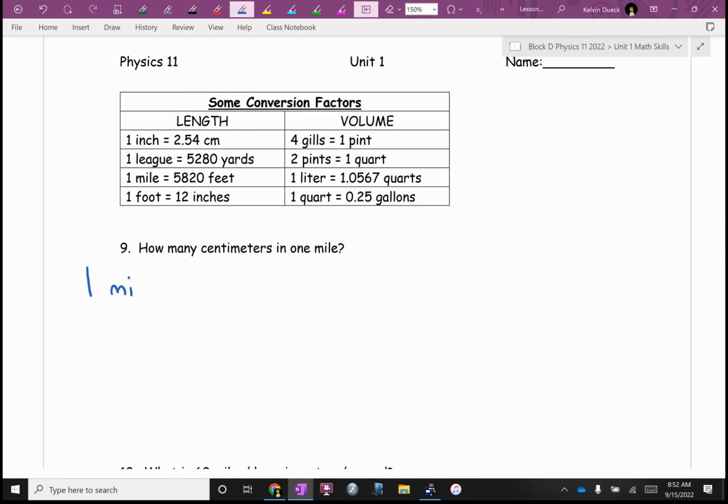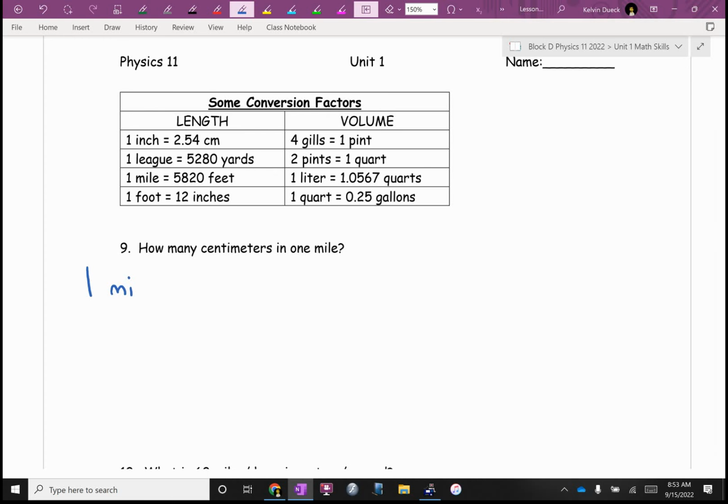Look at that chart that I gave you. What can I change miles into that might be useful? Gerard. How will feet help me? What can I change feet into that might be useful? I didn't include it in the chart. I'm gambling because you kind of have grown up close to the U.S. You might know this.